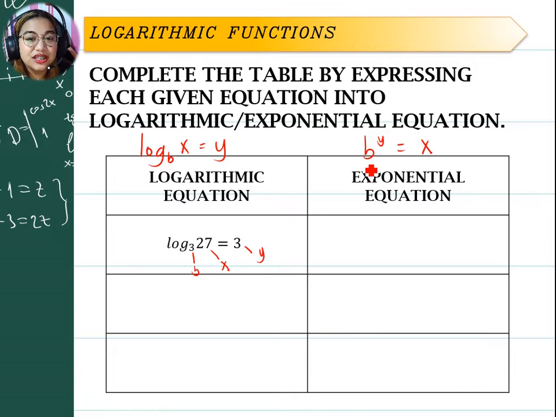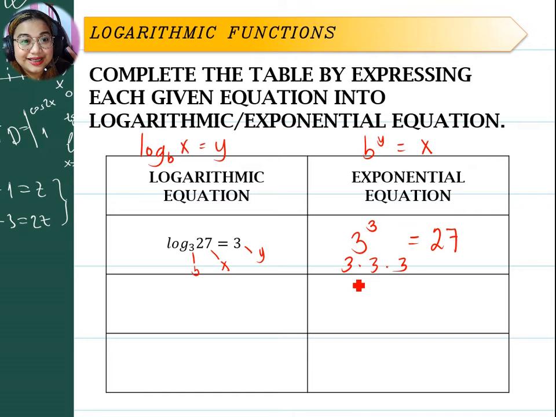So, madali na natin siyang magagawang exponential equation. So, b natin is 3, our y is 3 as well, and our x is 27. Is the equation true? Yes. Paano natin nasabi? Because 3 times 3 times 3 is equal to 27.